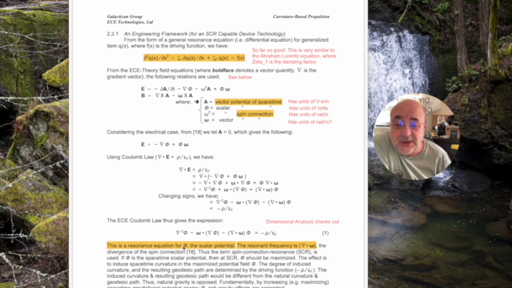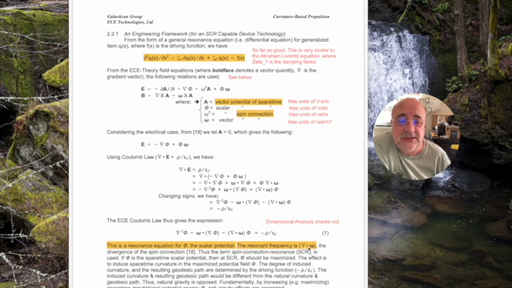This is a resonance equation for phi, the scalar potential. The resonant frequency is the divergence of the omega vector. But that's not frequency. Frequency has units of hertz, or radians per second.